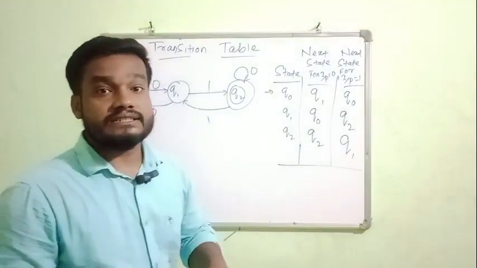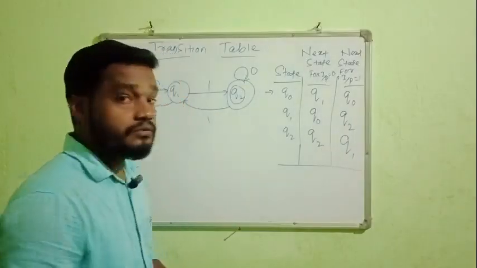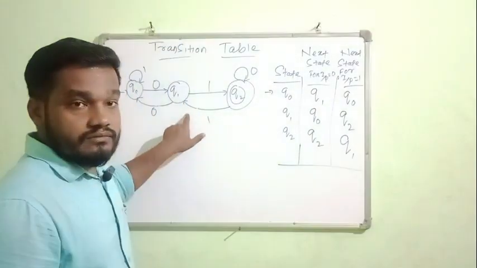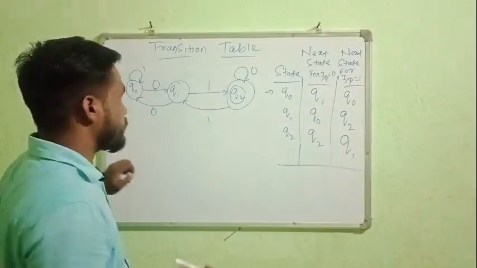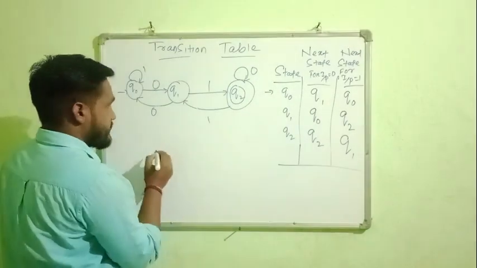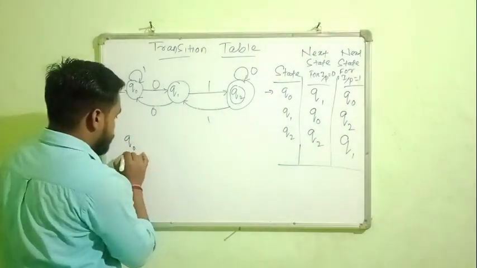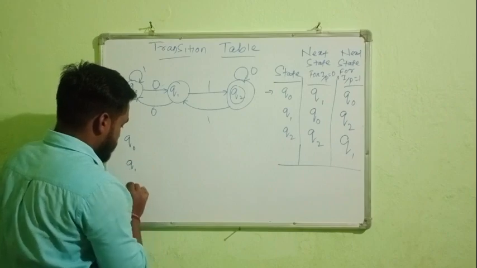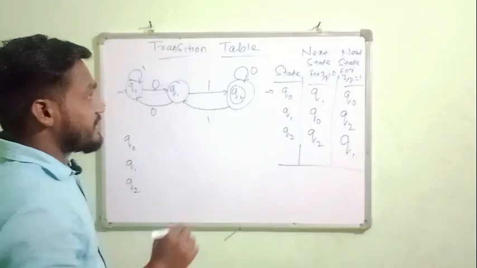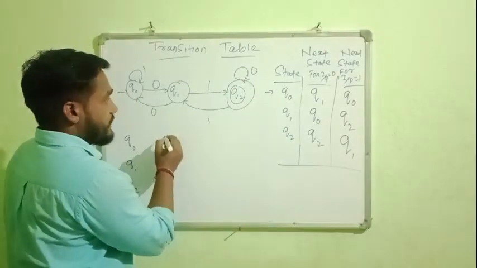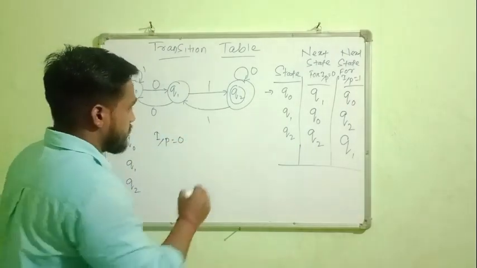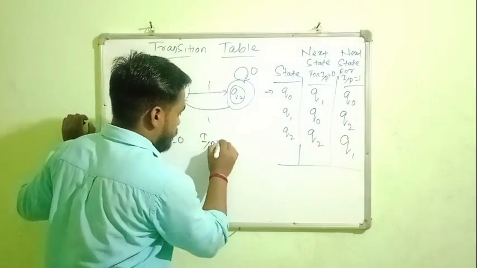Now we will learn how to create a DFA machine from a transition table. So we will write the transition table, that is Q0, Q1, Q2. Then after we will write next state, that is input for 0, input for 1.